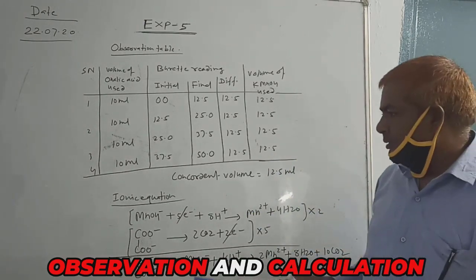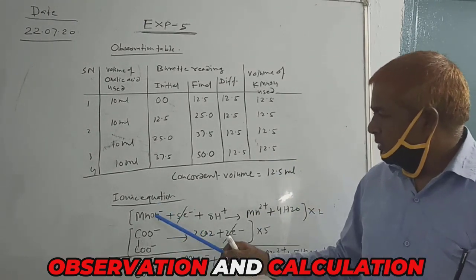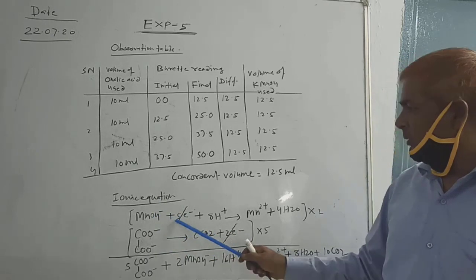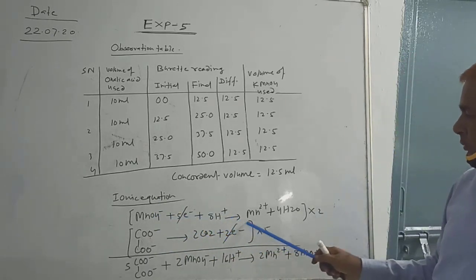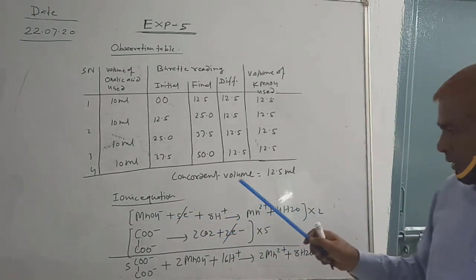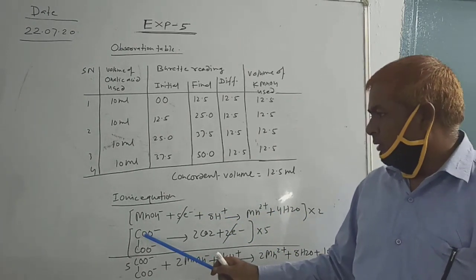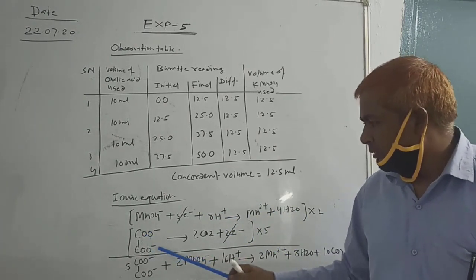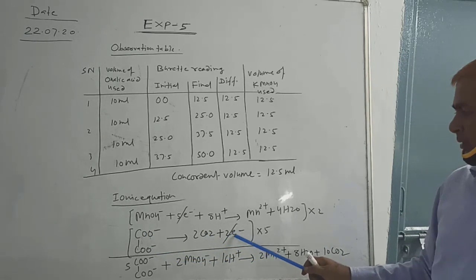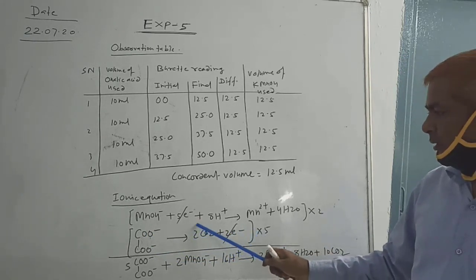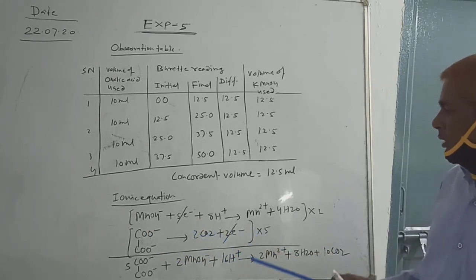The ionic equation used in every experiment: MnO4 minus plus 5 electrons plus 8 H plus to form Mn2 plus plus 4 H2O. For oxalic acid, the oxalate ion C2O4 2 minus forms 2 CO2 plus 2 electrons.